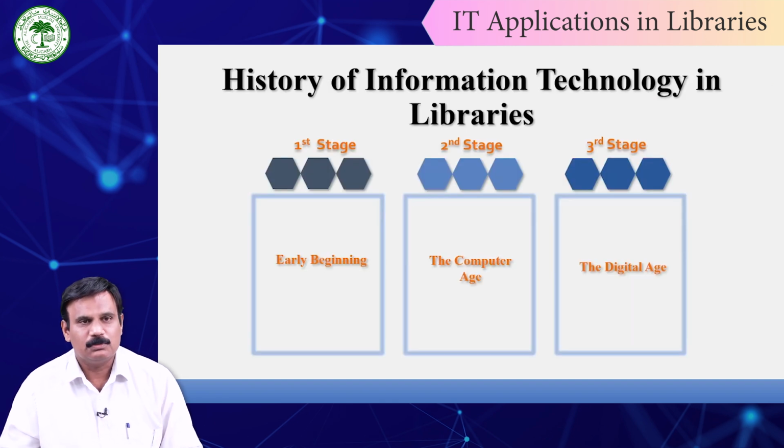As I told you, we can divide the history of information technology in libraries into three stages. The first stage is considered as the early beginning, the second stage is the computer age, and the third is the digital age, where we stand now.